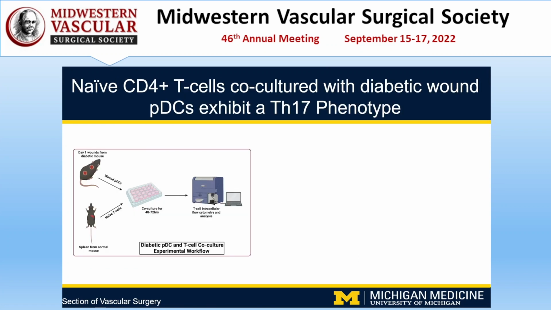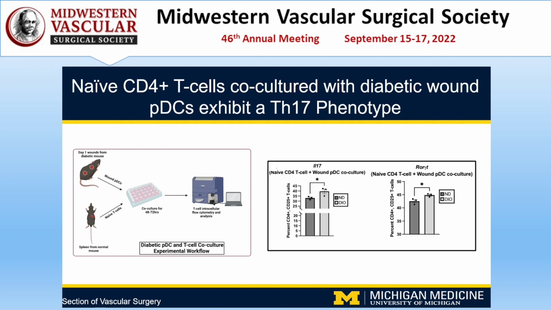We then took those same cells and incubated them with naive T cells, because I wanted to ask the question, when I incubate these with T cells, will I still get a Th17 phenotype? Here is the workflow of what we did. We took the PDCs from diabetic mice, incubated them with naive T cells from normal mice for a few days, and then did flow cytometry.